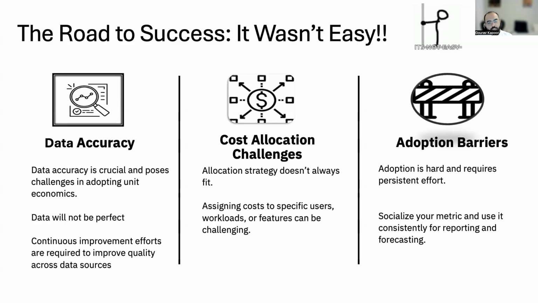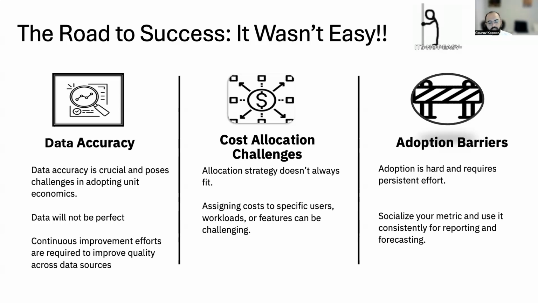And the last but not the least is the adoption barriers. It is hard. It requires a persistent effort to make sure there's continuous education happening within your teams and within different organization groups who are new to this space. They need to understand the value of the metrics you're producing, that these metrics can drive decisions for them, and that they have the ability to understand this data, have visibility into it, and make decisions on it.